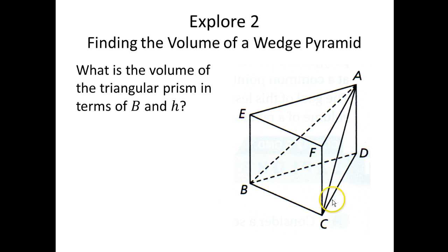Notice that by constructing this triangular prism in this way, it allows us to write the volume of this triangular prism in terms of the base of the wedge pyramid, B, and the height of the wedge pyramid, H. So the volume of this triangular prism is just the area of the base of the original wedge pyramid times the height of the original wedge pyramid, H. So in the end, when we come up with our formula for this wedge pyramid, you should be convinced that it's going to be less than the volume of this triangular prism.